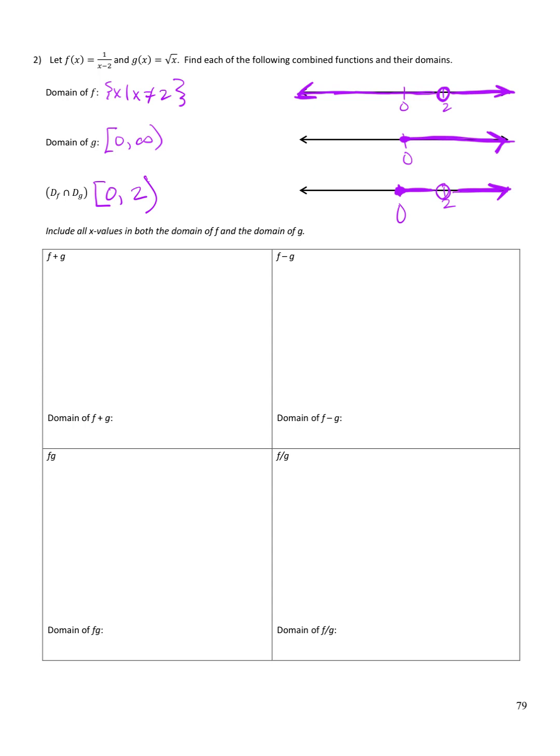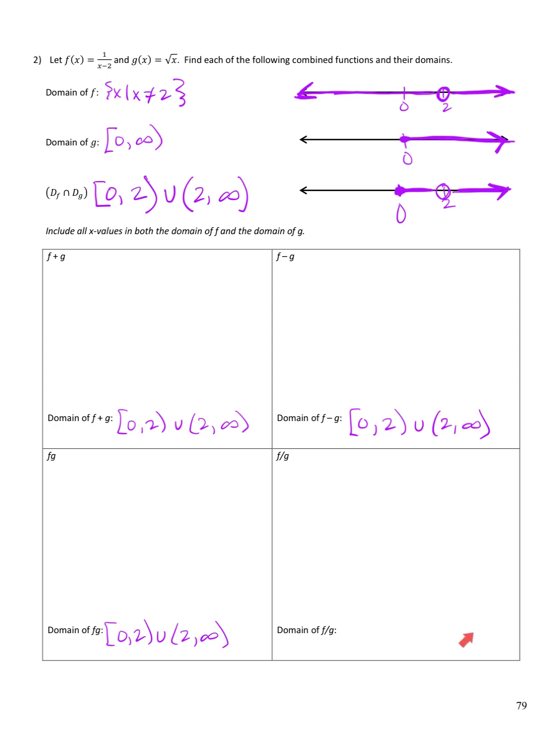So I put a round bracket to jump over it, and then I put union 2 to infinity. And that's going to be my domain for the sum, the difference, and the product. So I'm going to write that in these 3. I am not going to write that domain for f over g because f over g has an additional restriction in that g can't be 0. So we'll think about that domain when we get here.